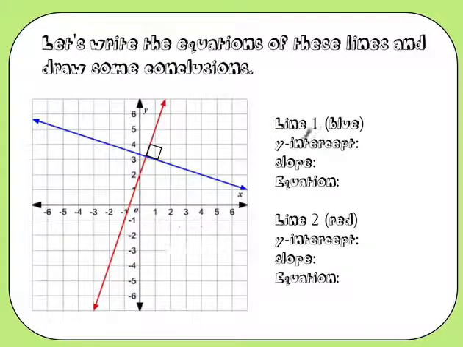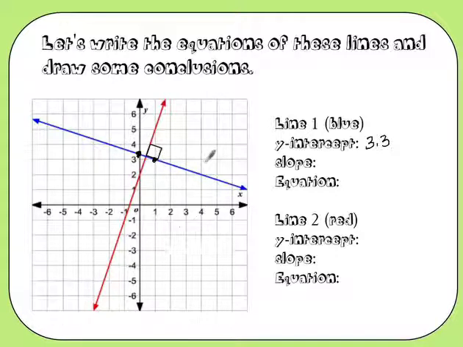We need to identify the y-intercept and the slope. Line 1 is a little interesting because its y-intercept is not a perfect integer. But that's okay. I can use my powers of estimation, and I can say that this is about 3 1/3, or about 3.3. To do the slope, because this does not land perfectly on the y-intercept, I'm going to choose 2 different points that are perfect on a grid mark.